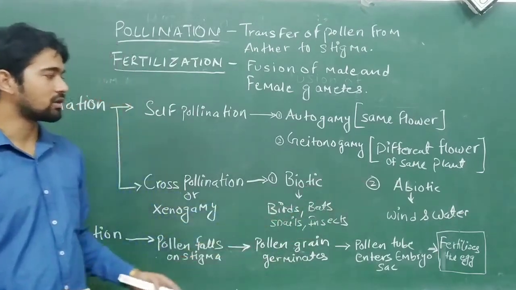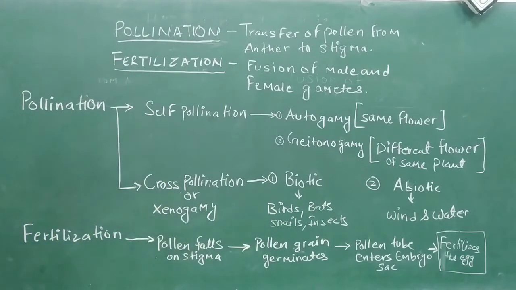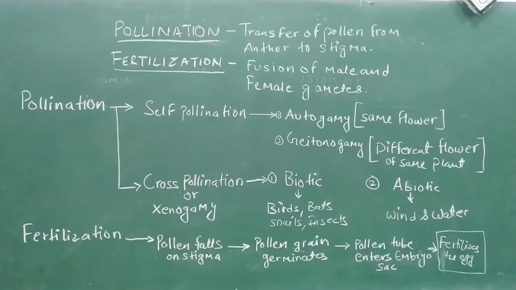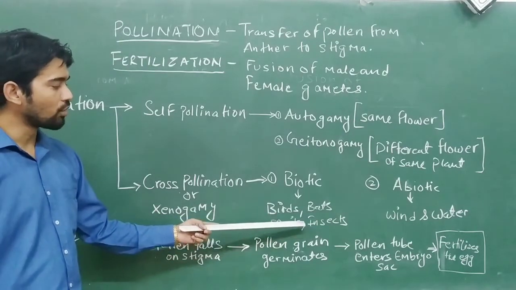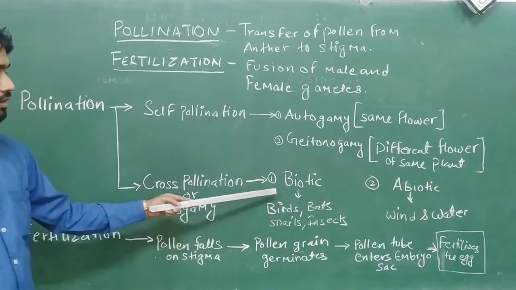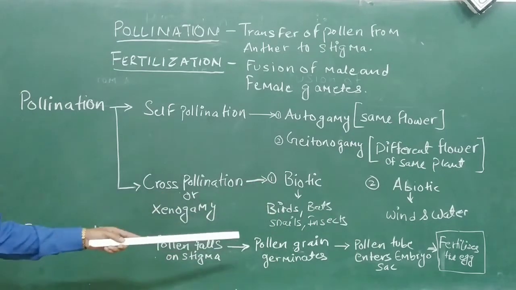And abiotic factors, which are not biological beings or living things, such as wind and water, are known as abiotic factors of pollination. But these terms are known differently in your biology books.